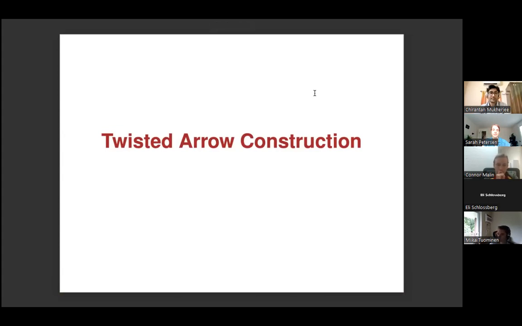Right. So let's look at the twisted arrow construction.